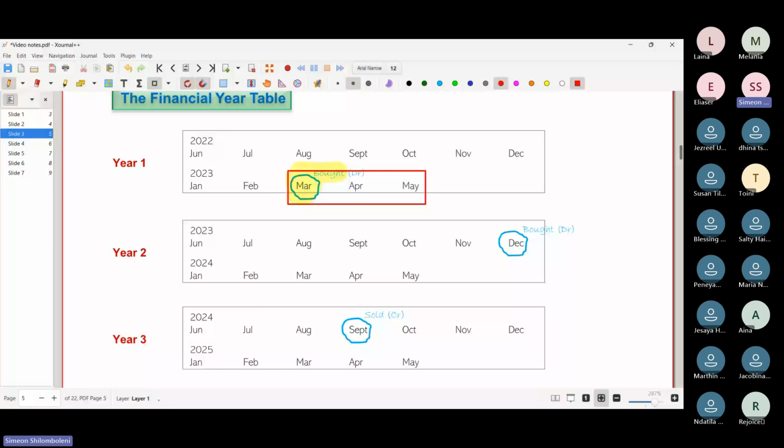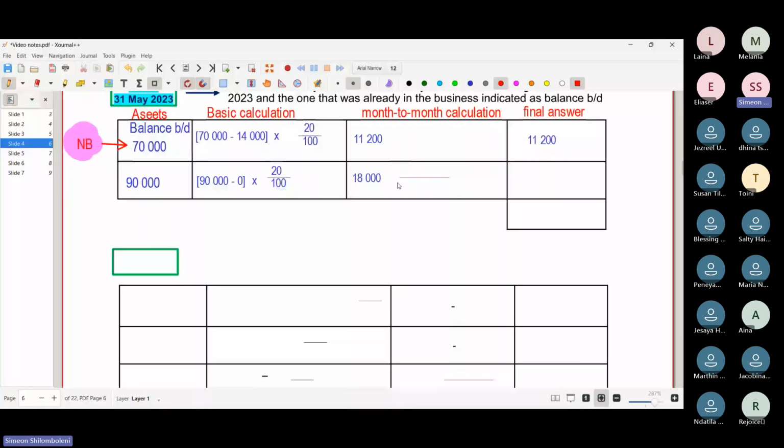So when we come to the month-to-month calculation, this is now where we are going to write 3 divided by 12. This is 3 months. I'll also just write here that it's 3 months divided by 12.